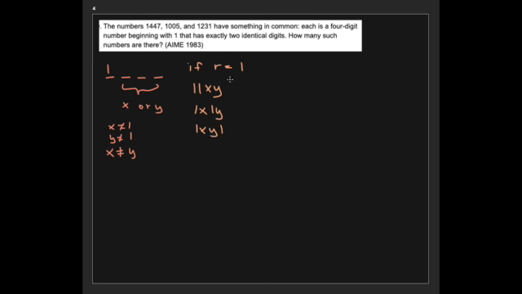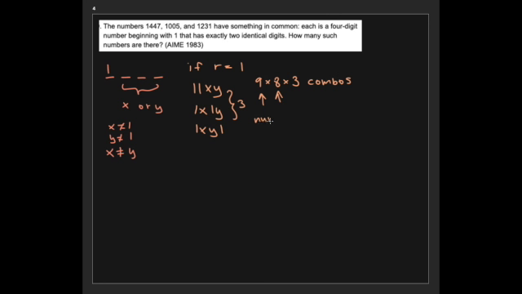To find the number of solutions, we would do 9 times 8 times 3, and that would give us the number of combinations for this set. We have 3 because there's 3 different combinations, and 9 times 8 for the number of possibilities x and y can be.